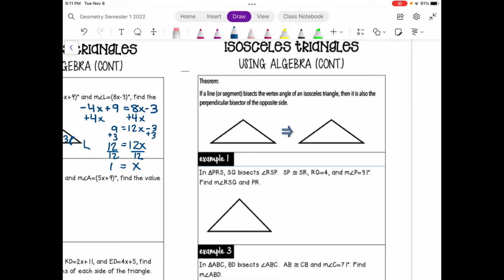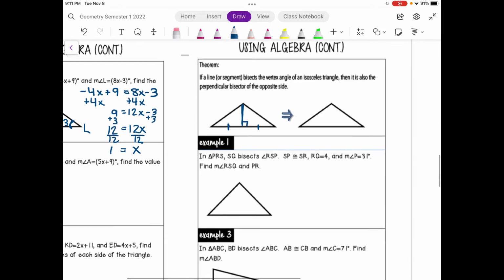All right, if a line or a segment bisects the vertex of an angle of an isosceles triangle, then it's also the perpendicular bisector of the opposite side. So if we have this bisector here, this length has to be equal to that length, and perpendicular means that it is 90 degrees.